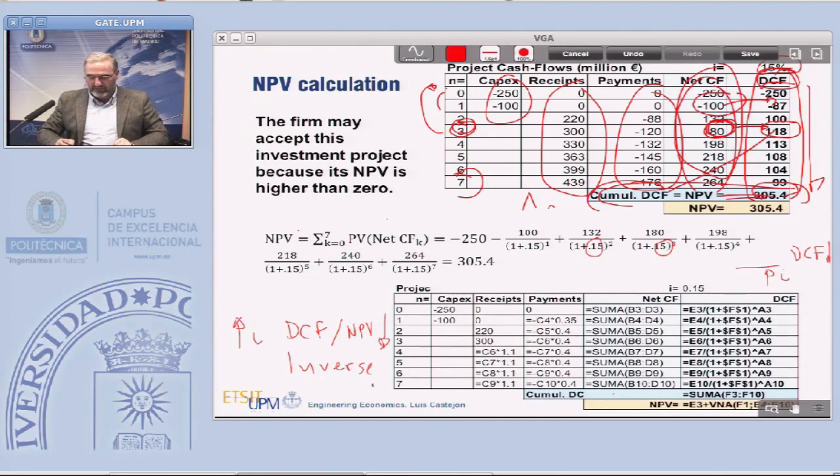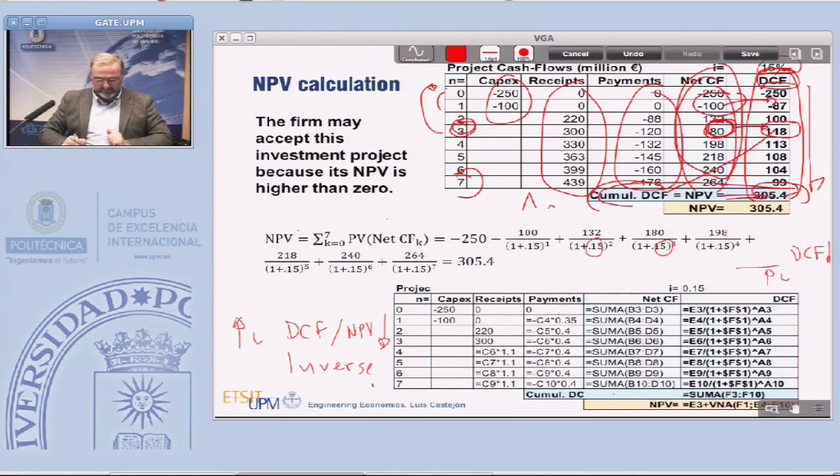So if we increase the interest rate of this project, the cost of capital of this project, let's say for example 20%, those discounted cash flows will be lower, because we are dividing by 1.2 and not by 1.15 as before.